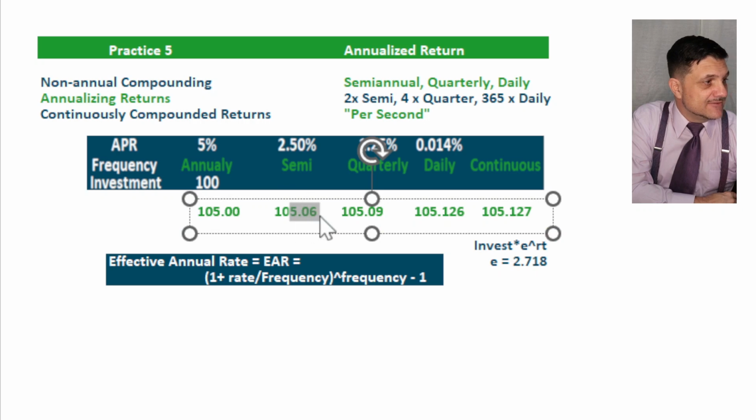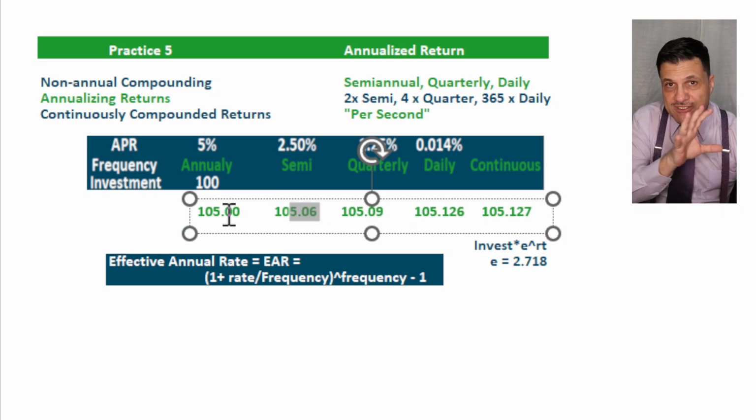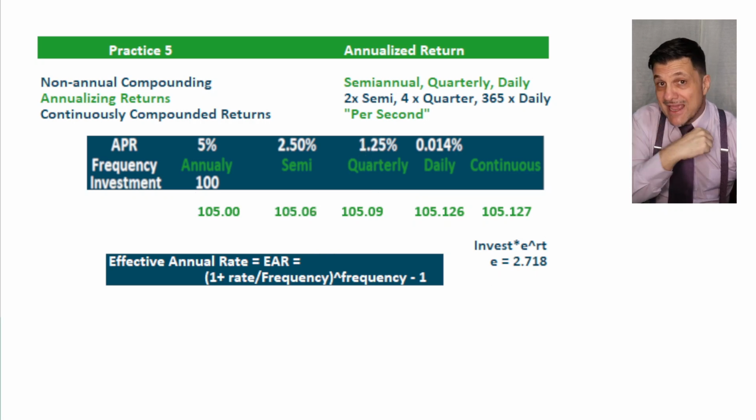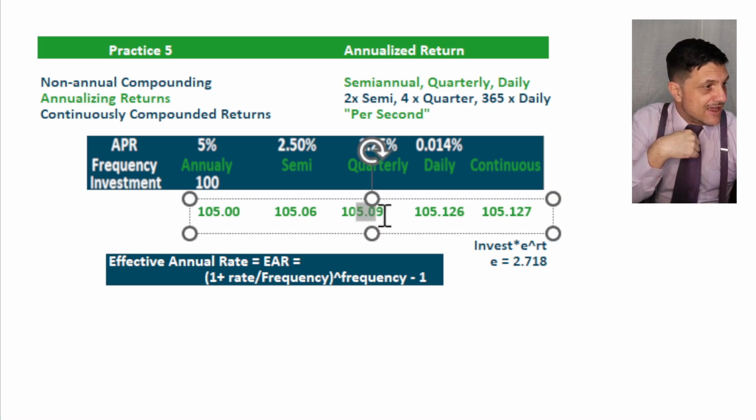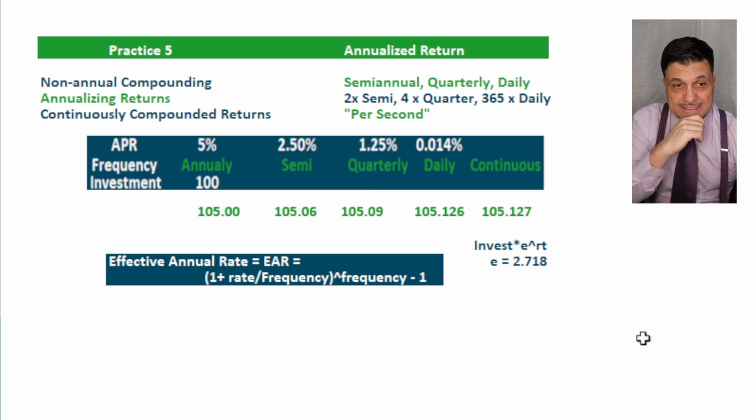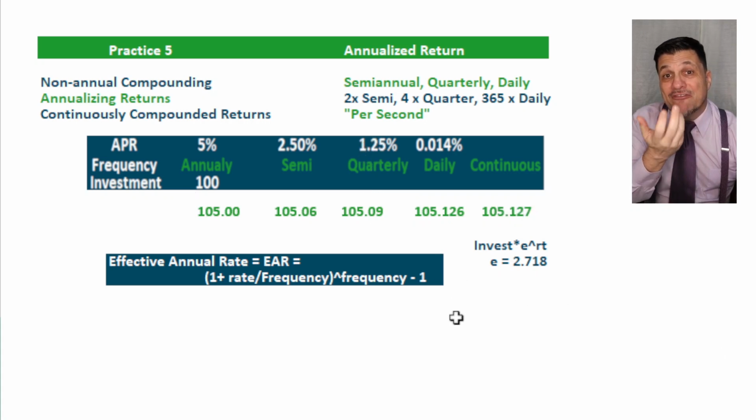Take a look right there. 5% if it's compounded annually, 5.06% if it's compounded semi-annually. If it's compounded quarterly, it's 5.09%. Daily, 5.126, and continuously 5.127. So that's called the effective annual rate.